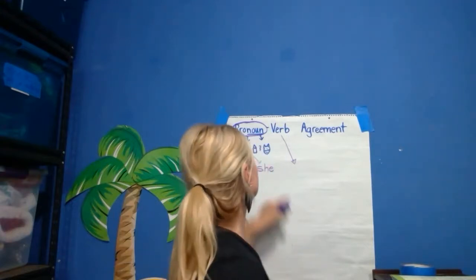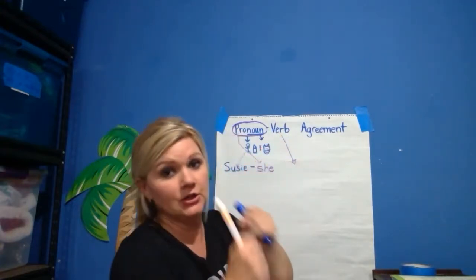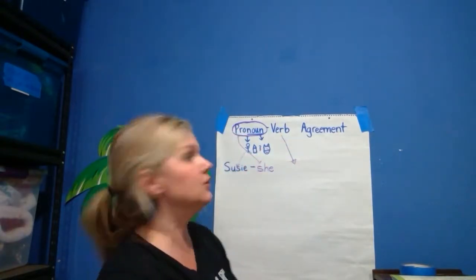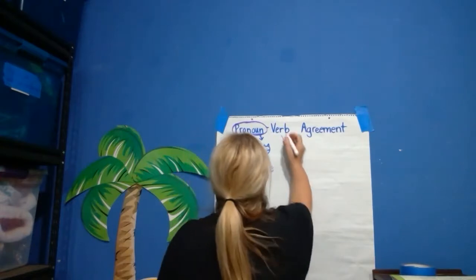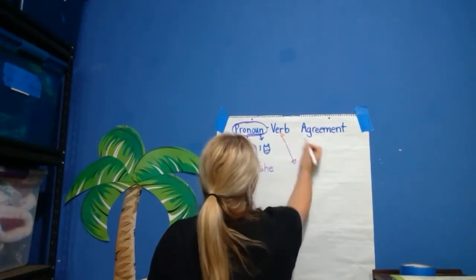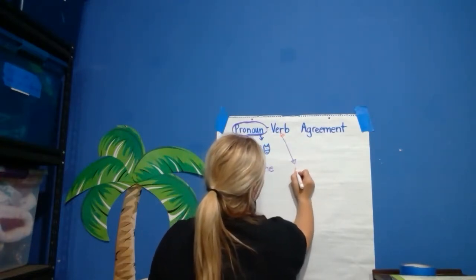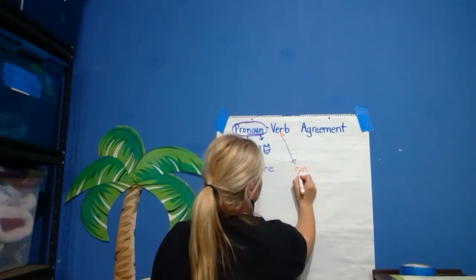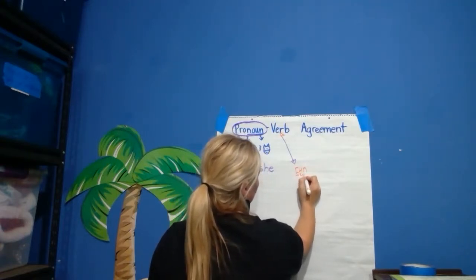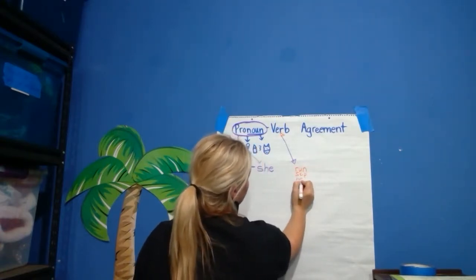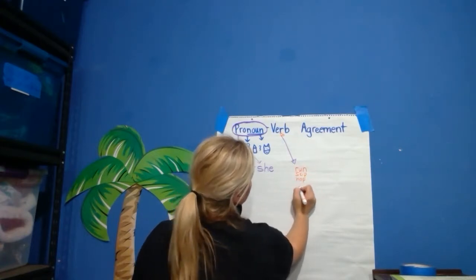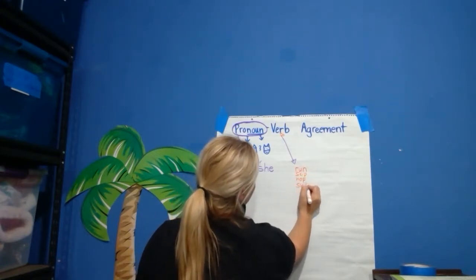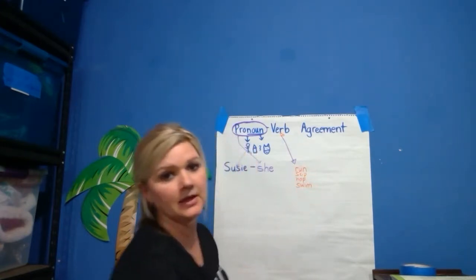So a verb is an action word. It's something that you can do, so I'm going to write the word do. That might be the word run. That could be the word skip. Could be hop. Could be swim. And I could keep going on.